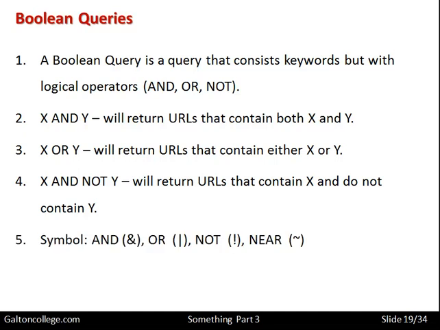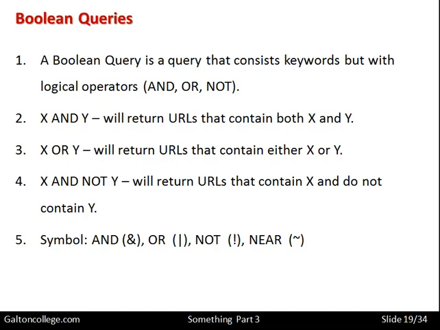And we can do a lot of this with symbols. So we could have AND, which is the ampersand, OR, which is sometimes known as a pipe. It's a vertical line. NOT would be an exclamation mark, and something near would be the tilde, the little squiggly sign.